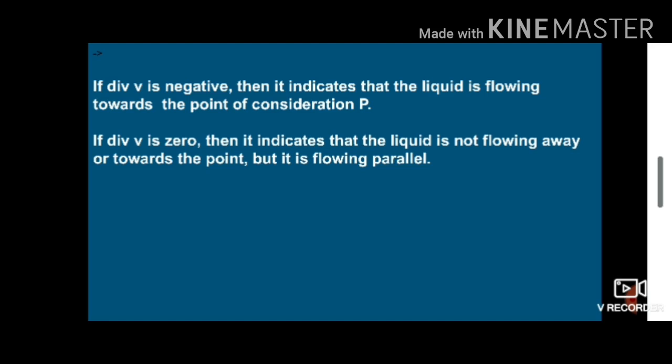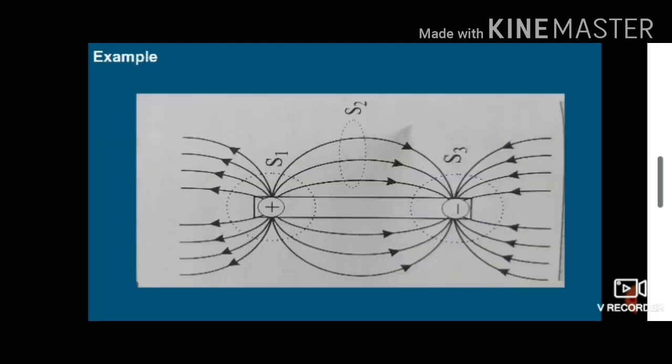And if the divergence of phi is 0, then the liquid is not flowing away or towards the point, but flowing parallel to it. This is the physical significance of divergence.